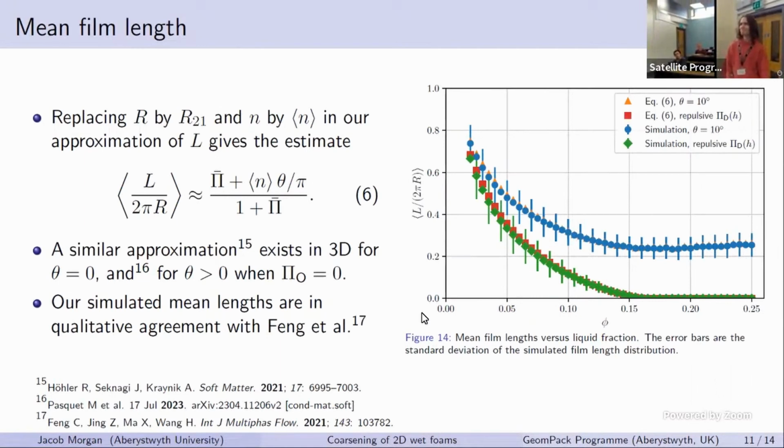So for the repulsive simulation, the fact that this goes to 0 at 0.15, is it the risk of uncertainty? It should be the jamming transition, I think. Yes, it should be the point at which the bubbles lose contact from one another. Because of the clustering that one has when there's adhesion, one never gets to that point, at least not in these simulations.